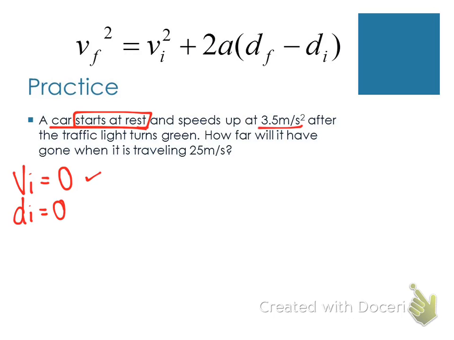Okay? What about this number right here? What's that tell us? Acceleration. And how do we know it's acceleration? Meters per second squared. Our unit must be able to tell us what that is. What about this number right here, when it's traveling at 25 meters per second?